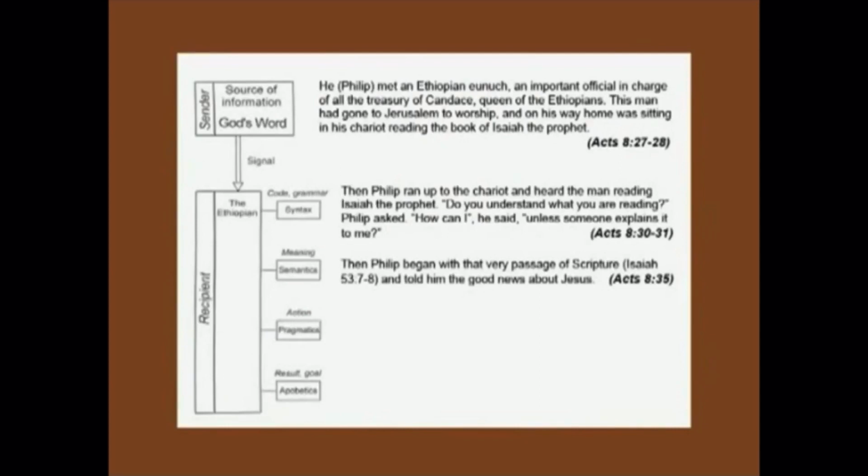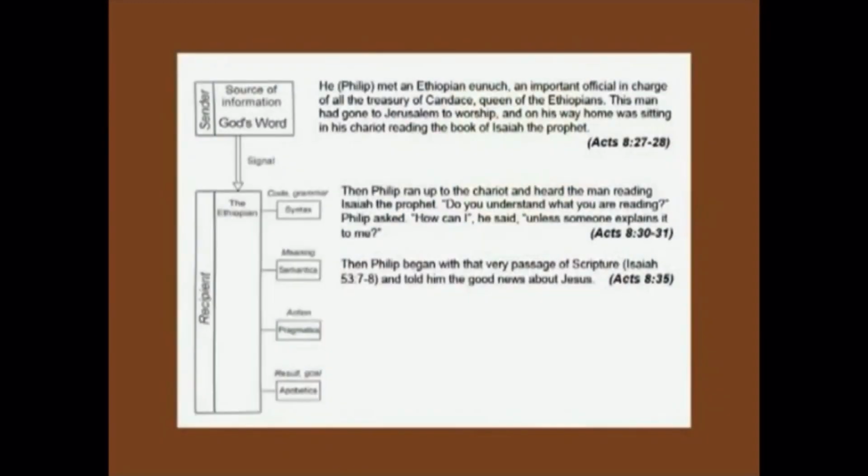And then Philip began with that very passage of Scripture and told him the good news about Jesus. Philip explains, here is written about Jesus Christ. And that is the good news. That's the gospel. And he explained it to him, and he understood it.